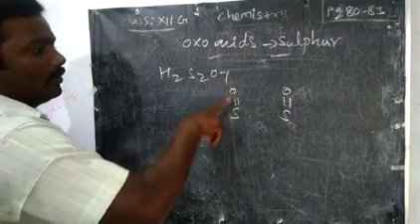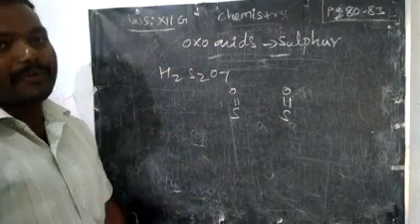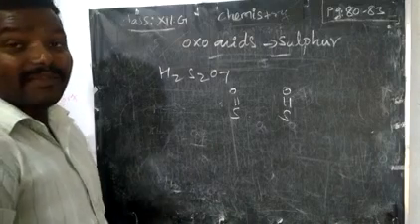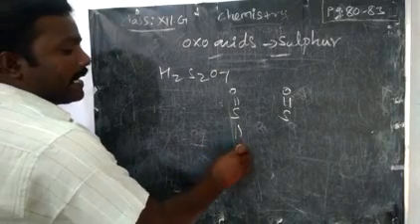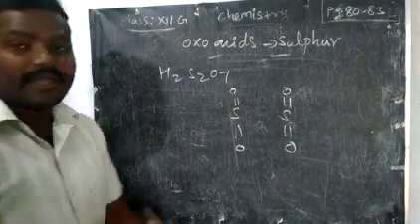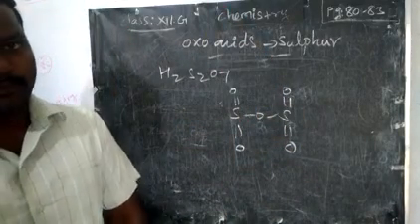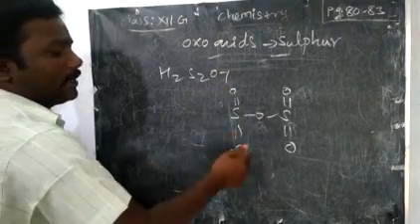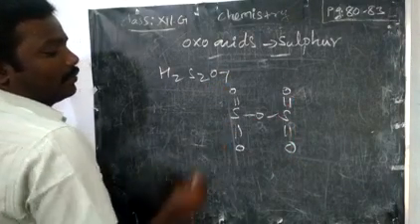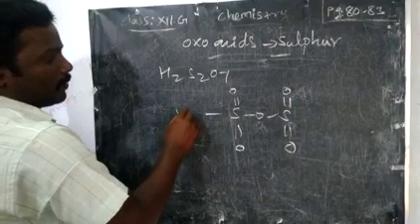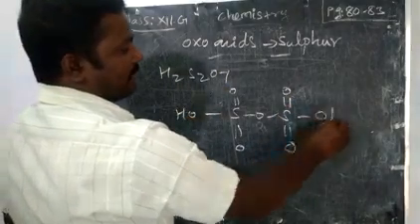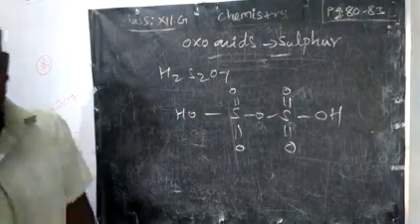Then 2 O, 2 O. Totally 4 O we have utilized, right? Remaining we have 3. If you make it double bonded O, we have one more O. That's why in between the sulfur you have to place it. Otherwise simply S double bond O, S double bond O, with O between them. Then on one side one OH, on the other side another OH, right?